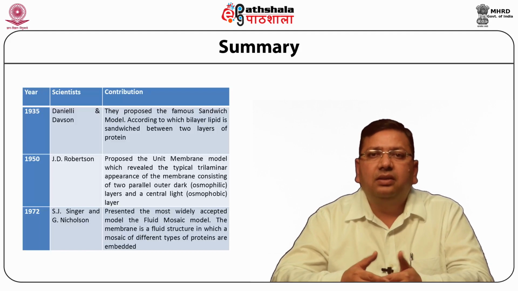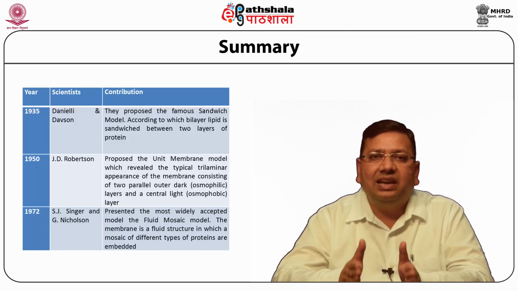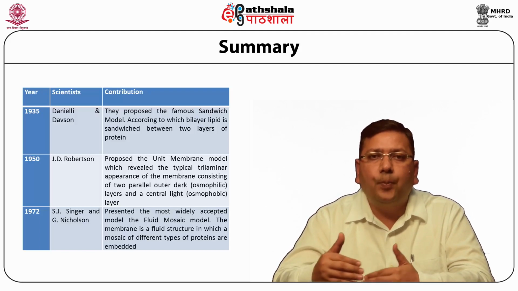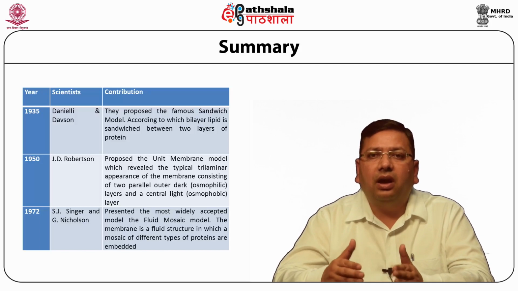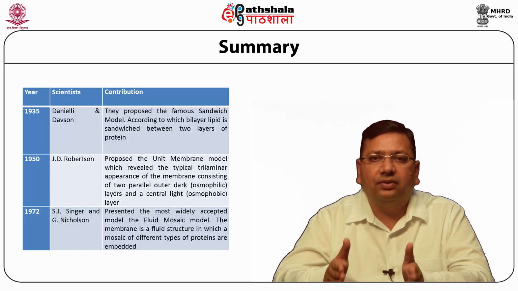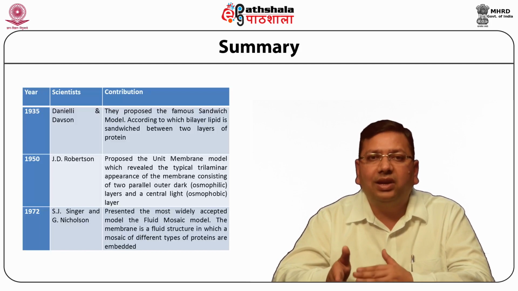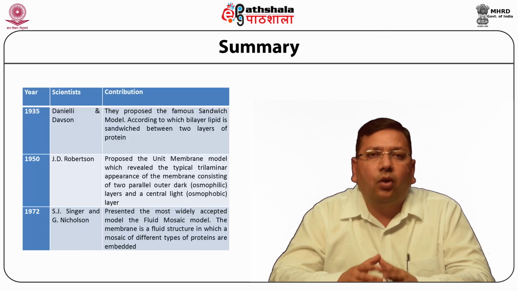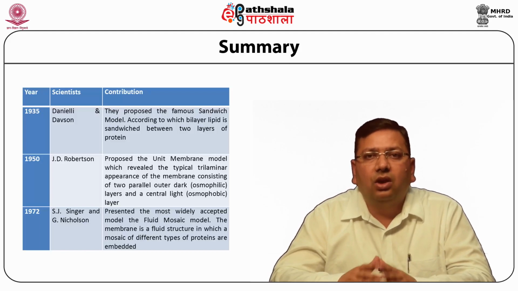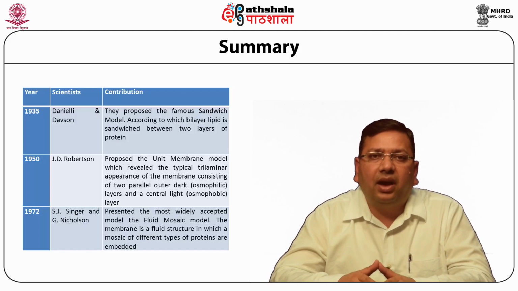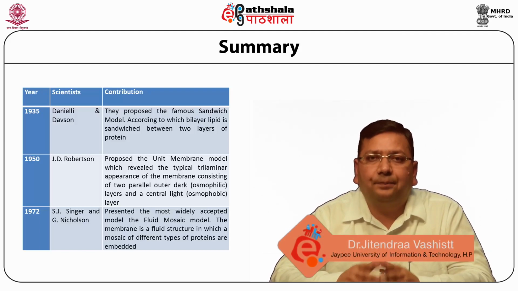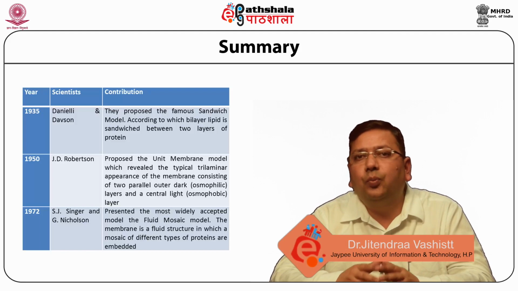Later on, in the 1950s, Robertson proposed a unit membrane model which was based on electron microscopy and revealed the typical trilaminar appearance of membrane consisting of two parallel outer dark osmophilic layers and a central light osmophobic layer. And lastly, a model came which was known as the Fluid-mosaic model, given by S.J. Singer and Garth Nicolson, which is the widely accepted model.